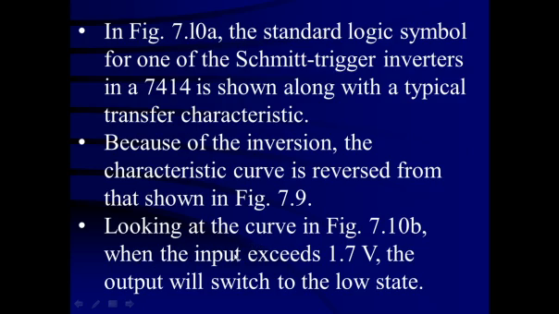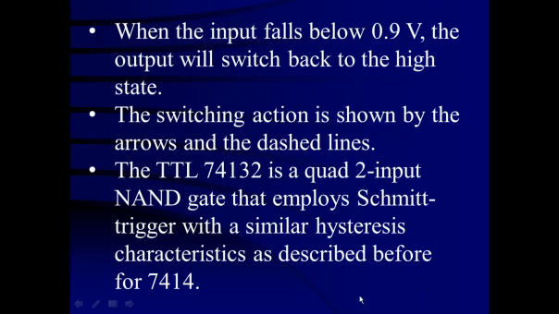But when the input increases and exceeds 1.7 volt, the output swings, changing from high to low. This 1.7 volt for the 7414, when it is changing from high to low, is called VTH plus. The output will switch to the low state. When the input falls below 0.9 volt, the output will switch back to the high state. The switching action is shown by the arrow and dashed line.